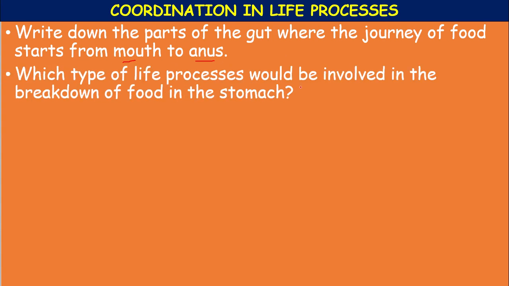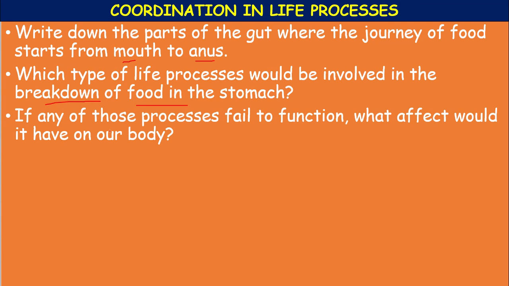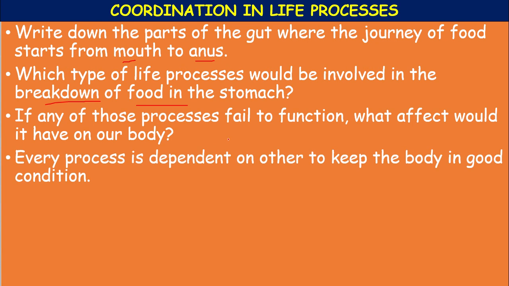Which type of life process would be involved in the breakdown of food in the stomach? Okay, the process of digestion, which involves the mechanical and chemical changes which take place in the stomach. Do you remember children? Let us recall. So if any of these processes fail to function, what effect would it have on our body? Definitely some digestive problems will arise if any of the processes fail.